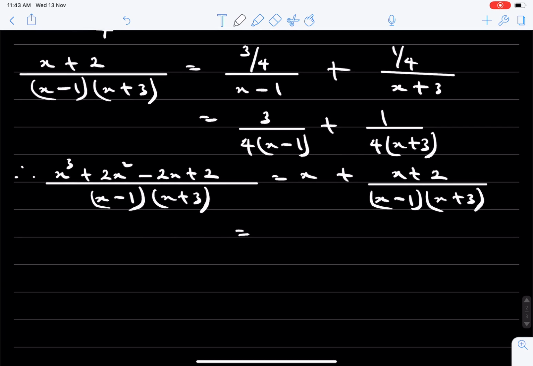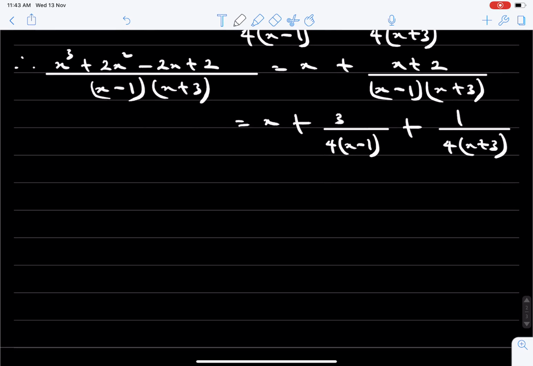That's the same as x plus 3 over 4 times x minus 1 plus 1 over 4 times x plus 3. And that's it simply.